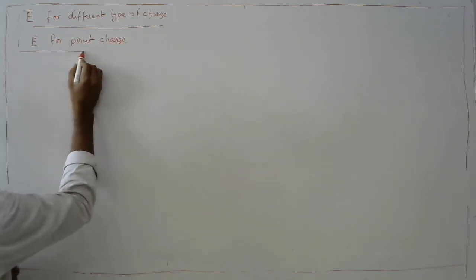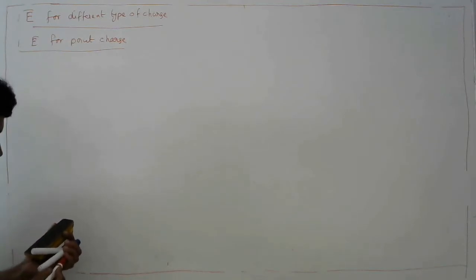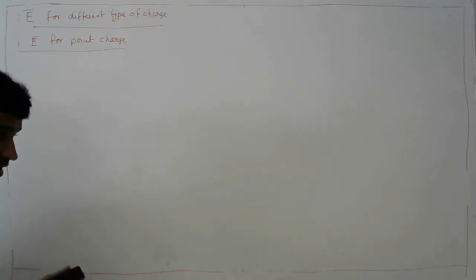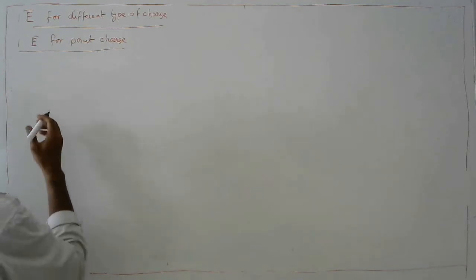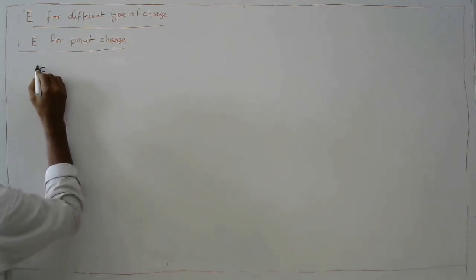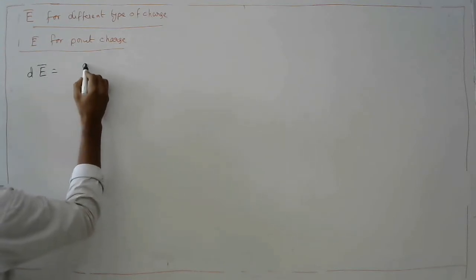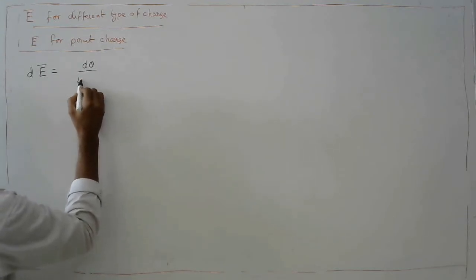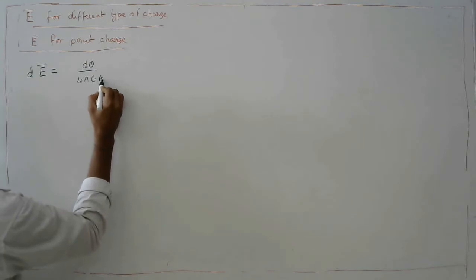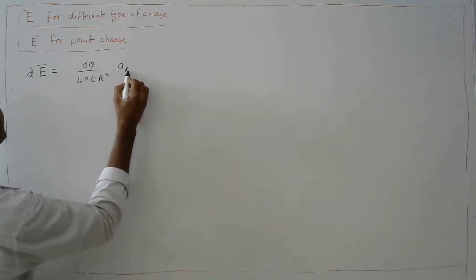Let us assume the charge is Q. The effect at any one point is called a point charge. So the expression for electric field intensity is simply E bar equal to dq by 4 pi epsilon r square into ar cap.